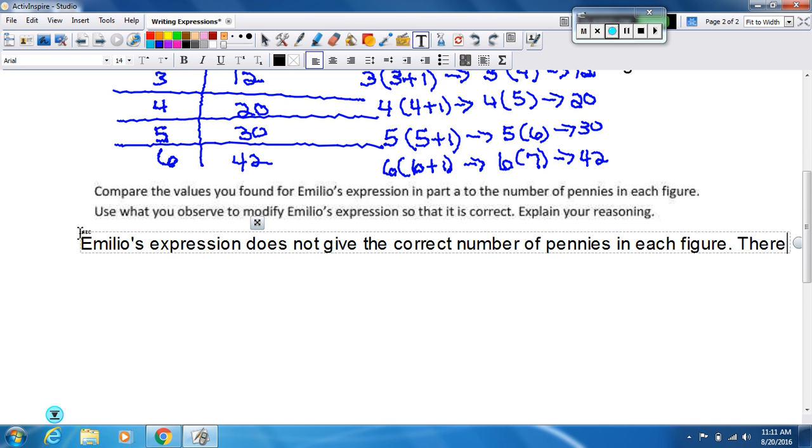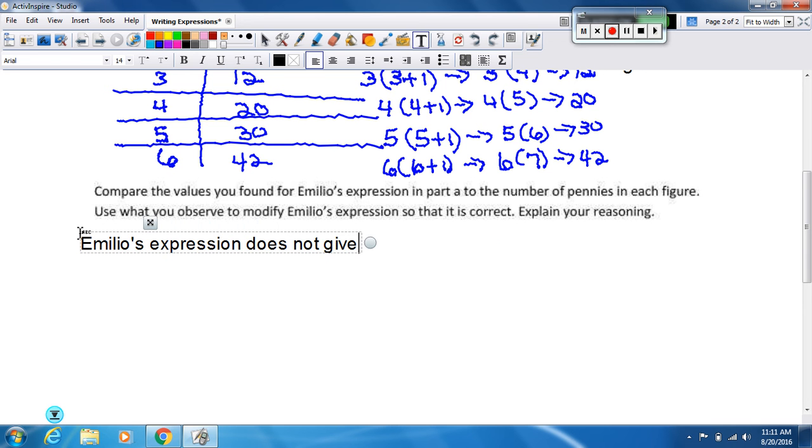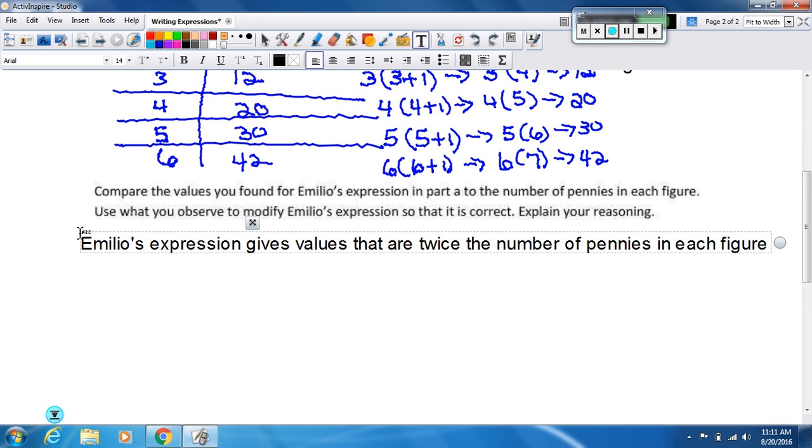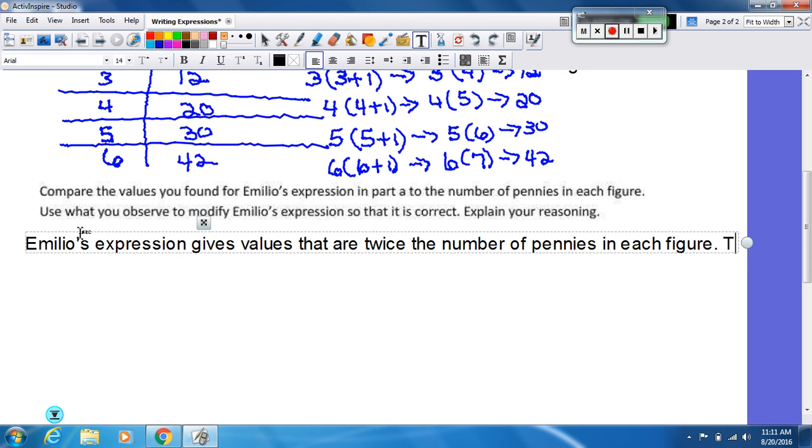Therefore, I'm typing the wrong one. Emilio's expression gives values, I'm sorry, looked at the wrong thing, gives values that are twice the number of pennies in each figure. That's what we talked about. Therefore, divide his expression by 2.